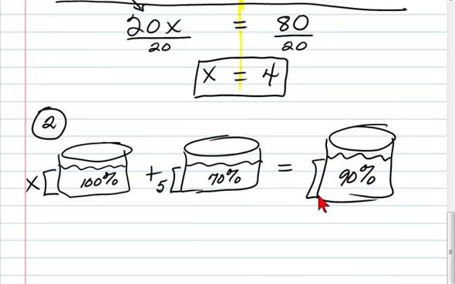Now here's the part that you have to always fill in that's not directly told, is how are you going to describe the volume of this? How many gallons is it? X plus 5. It's X plus 5, and you're going to do that each time. You're going to take the gallons from the pure, you're going to add it to the gallons from this one, and you're going to get an expression, not a number.